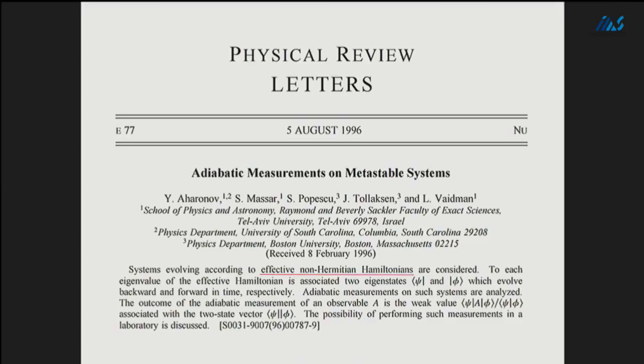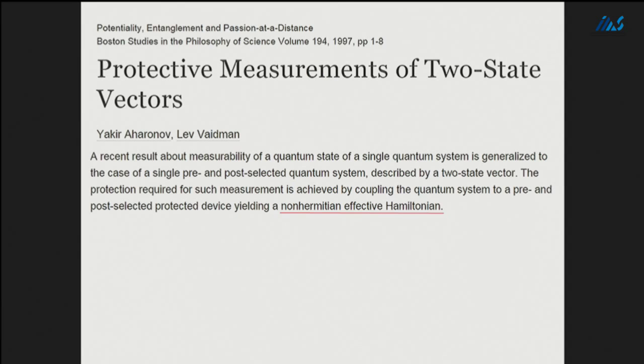So I thought that if there is a conference on non-Hermitian operators, and non-Hermitian Hamiltonian was probably the main thing, it's supposed to fit. This is one paper, and then it was another paper. So I thought I should come here.